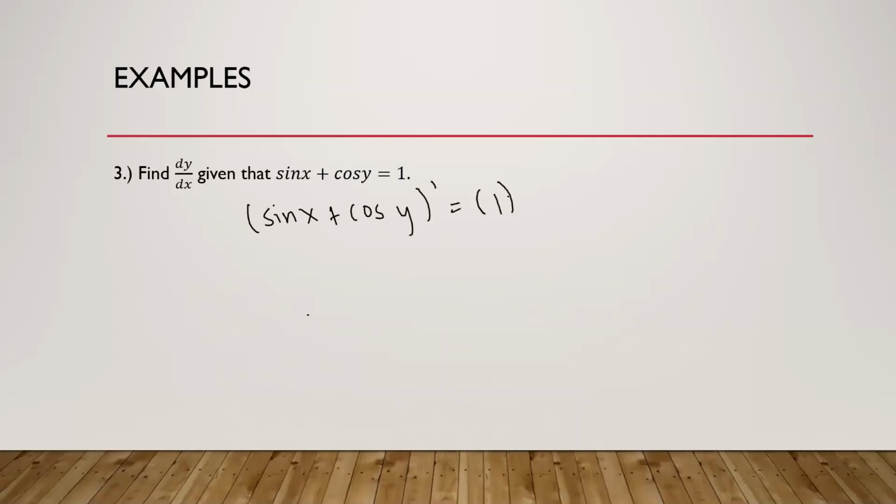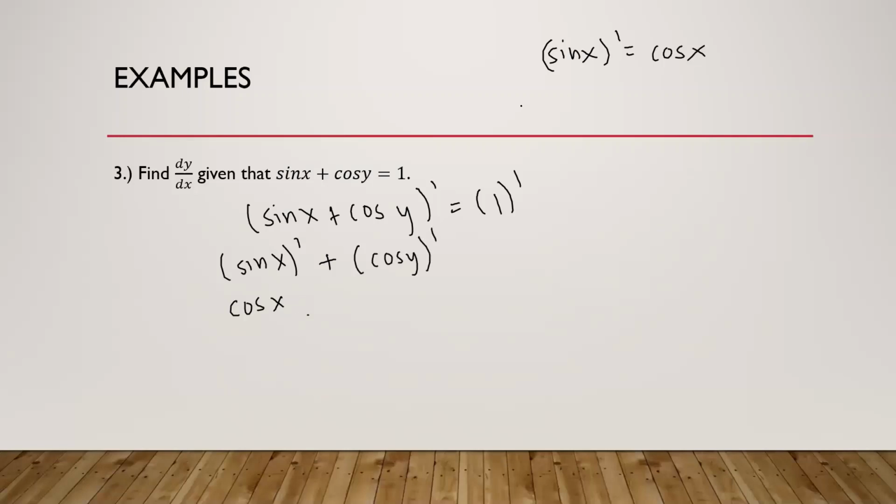Tapos, i-differentiate na natin si 1. So, anong differentiated ng sine x? Okay. So, pag sinabing differentiated ng sine x ay magiging cosine x siya. So, sulatin na natin for more additional trivia. Tapos, i-differentiate na natin si cosine y.